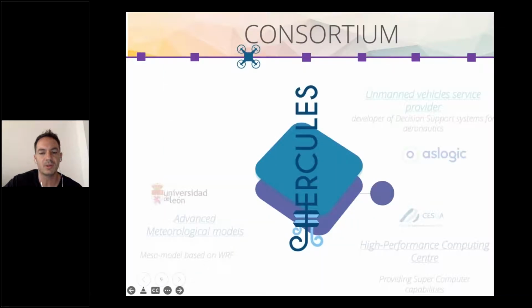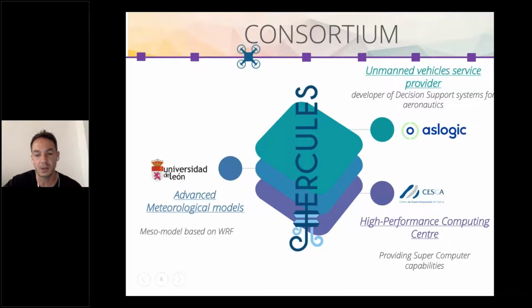Our consortium consists of ASLogic. I am the CTO of ASLogic. We develop decision support systems for aeronautics, and in this last year we have been working a lot on unmanned vehicle services.